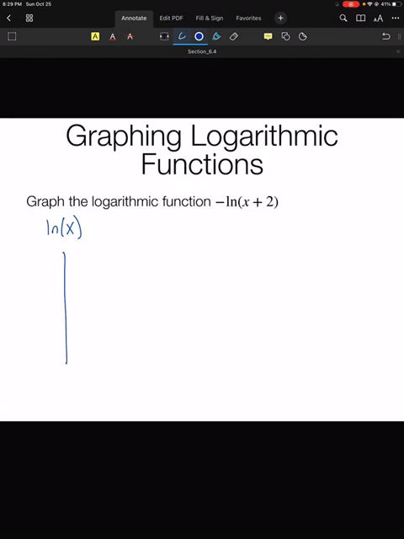And if I graphed that, here's a simple xy axis, and it would look something like that. Natural log of x. When I put the negative in front of it, a negative out in front of the natural log is going to flip it over the x-axis.